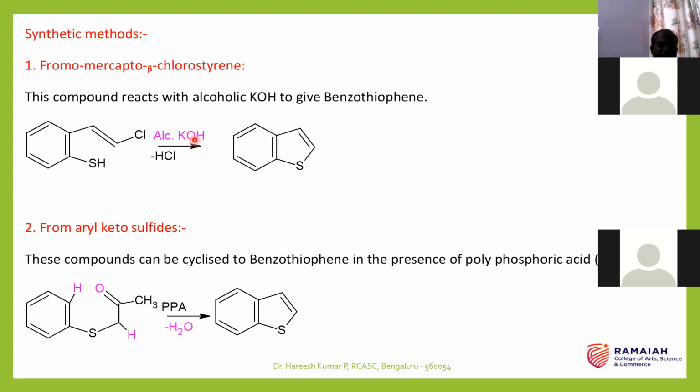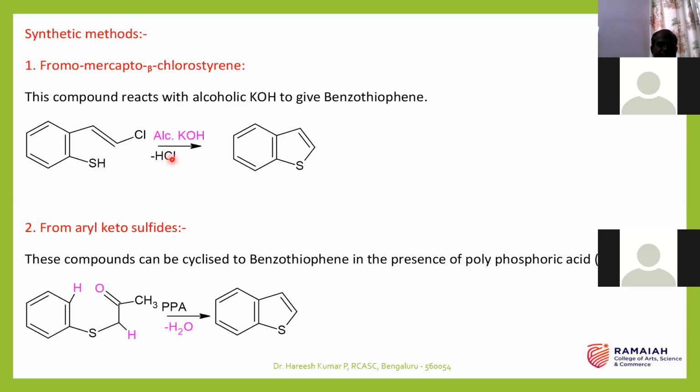So what will happen here? There will be dehydrohalogenation, which means removal of HCl. The lone pair or bond pair can attack this vinylic carbon, this carbon is called the vinylic carbon, and Cl will go out.